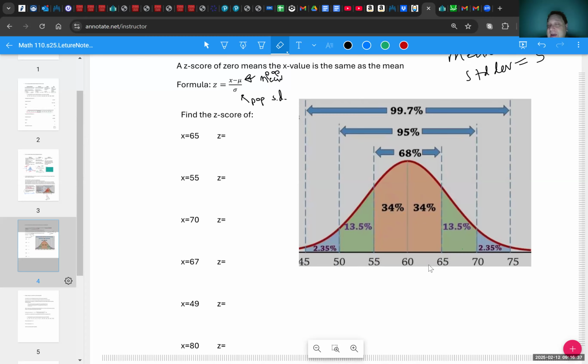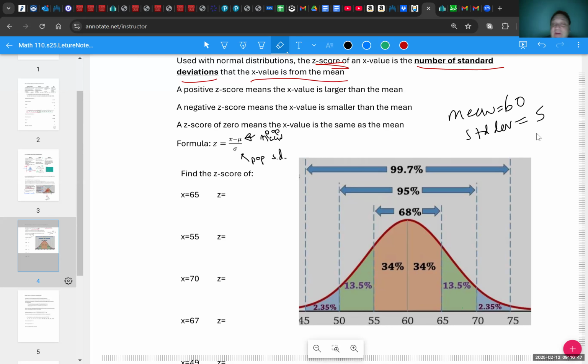It's not going by 5s because we feel like it, or because that makes things easier. It's going by 5s because the big old square root formula came up with a standard deviation of 5. If the standard deviation were 7, we'd go from 60 to 67 to 74, whatever. We count by standard deviations, not by whatever is convenient. Just to make that clear.